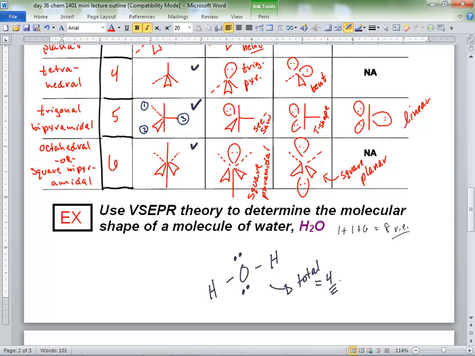So this is what I'm strongly suggesting. Just draw the Lewis dot structure, figure out what the total is, and draw one thing. That one thing you memorized, the total for 4, and that's tetrahedral. And try to draw it really well. In other words, draw it nicer than I draw it. Right? Because tetrahedral is trying to get it so that you have a triangle on the base and the guy pointing up, right? So it has 2 lone pairs. So if you start here, you say, oh, okay, I have to add 2 lone pairs.